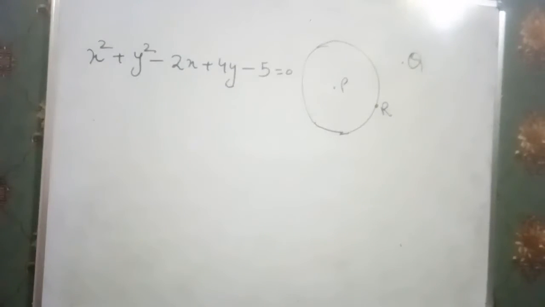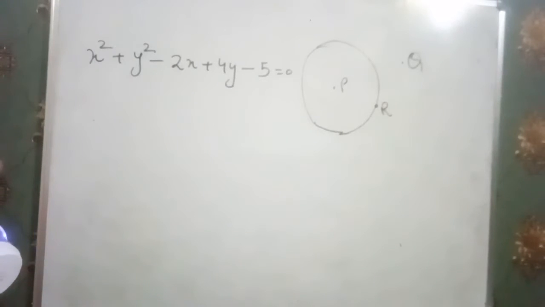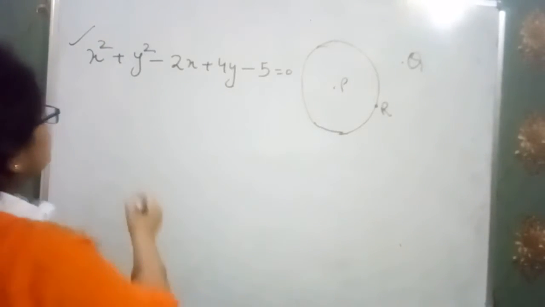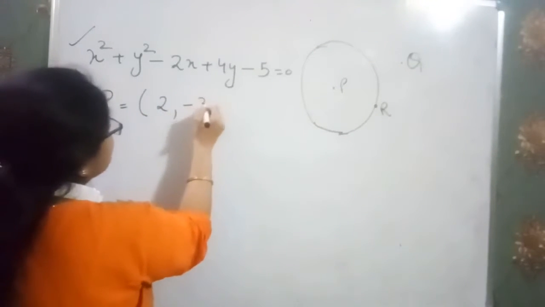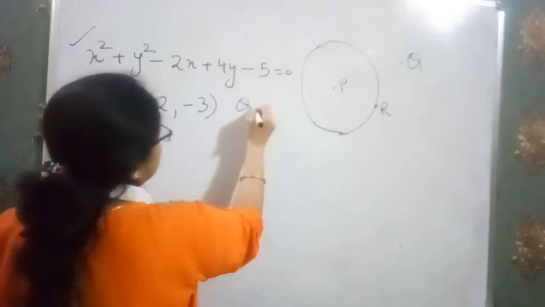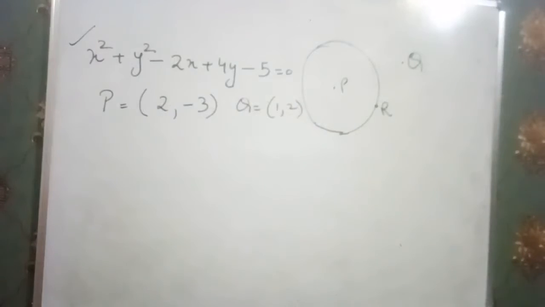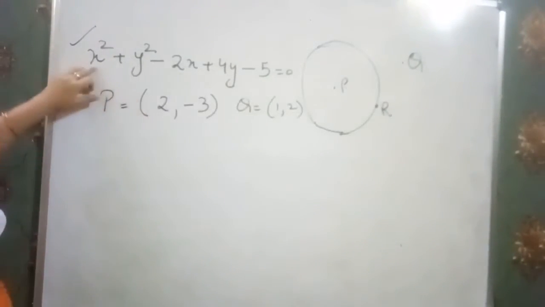Now there's a question I want to explain to you: we have to check whether the given points lie inside the circle or outside the circle. For example, this is the equation of the circle and we have to check the points P equal to 2, minus 3 and Q equal to 1, 2. Just put these values here.